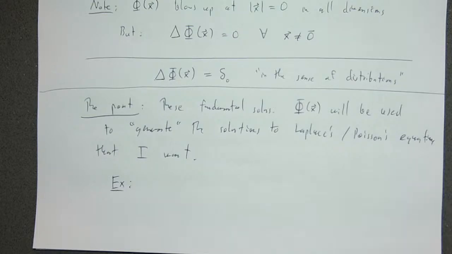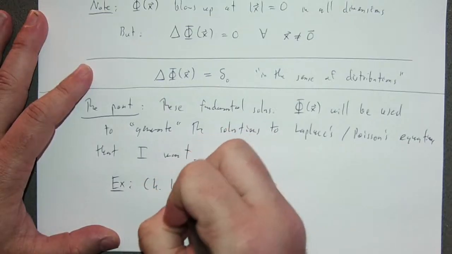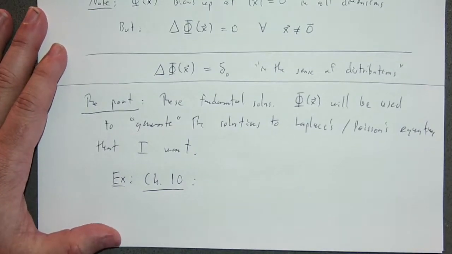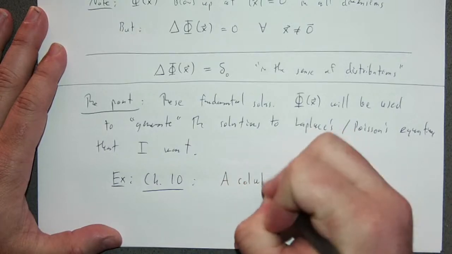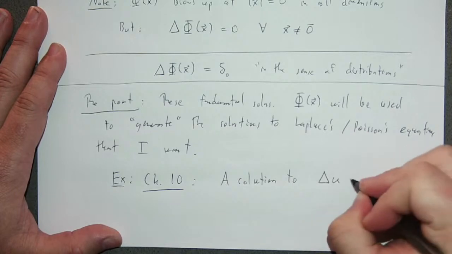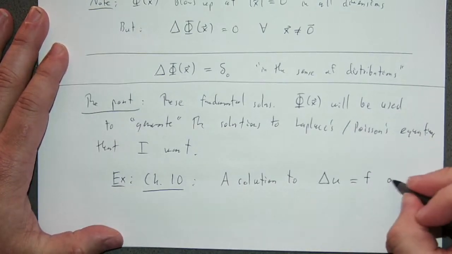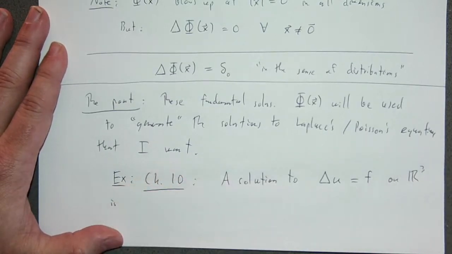We have a little bit of time at the end. So from chapter 10 material, a solution to Poisson's equation on R3 is the following.